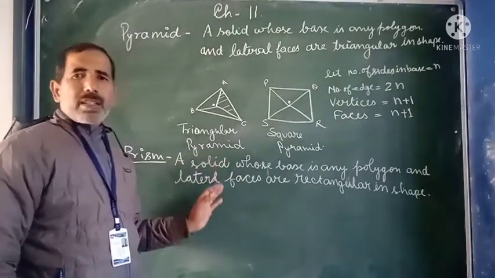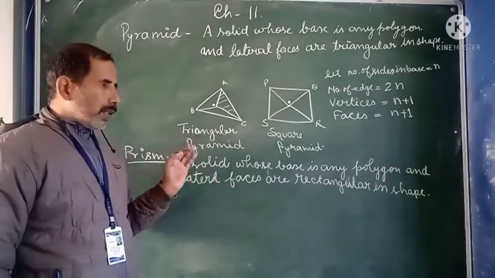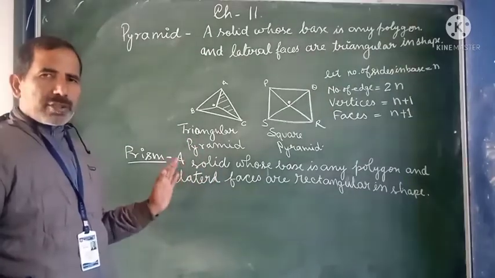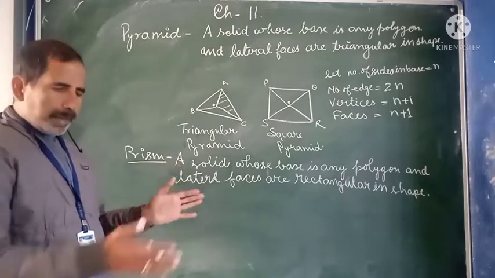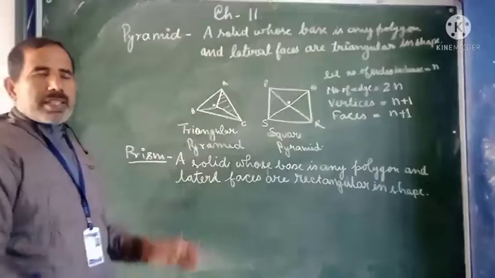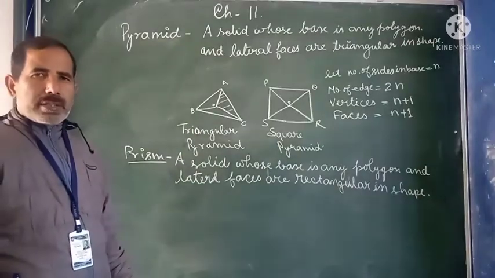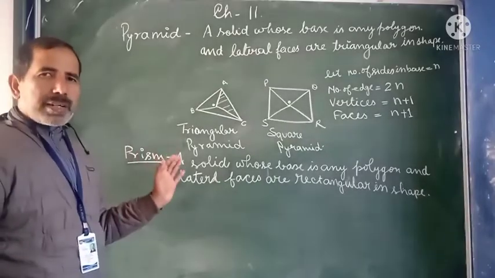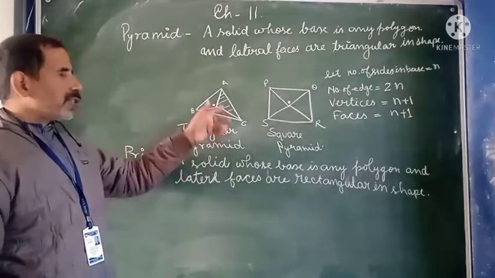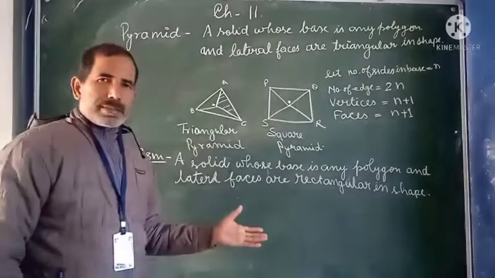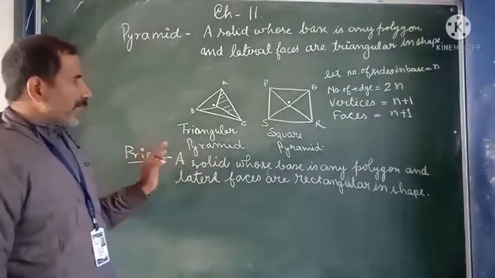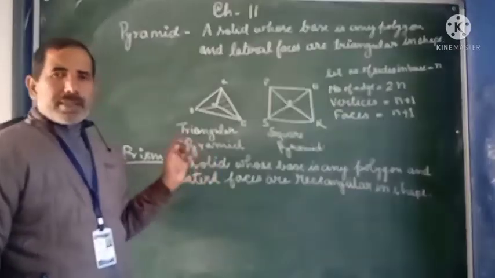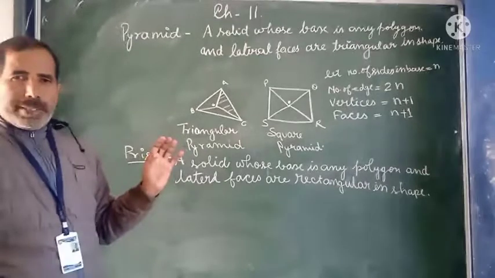So any polygon is the base. It may be triangle, rectangle, square, pentagon, hexagon. It's not about that, but the side faces, the lateral faces, are rectangular ones. The same way we can classify the prism on the basis of the base. But one more difference is there. In the pyramid, there is only one base, but in prism there are 2 bases.